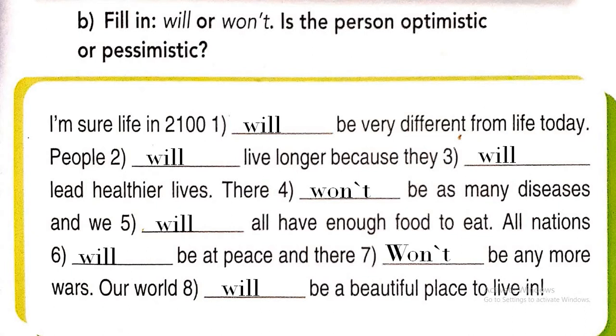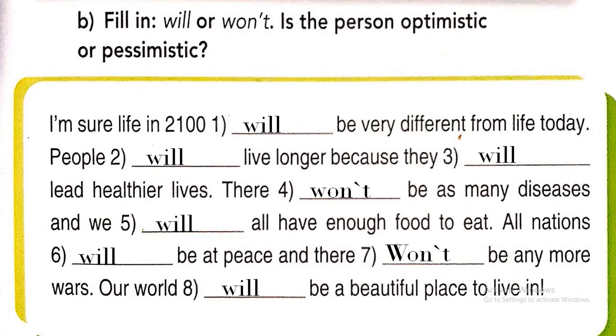So it's very clear that the person who is writing or thinking this way is an optimistic person. Very good. So I repeat: I am sure life in 2100 will be different from life today. People will live longer because they will lead healthier lives. There won't be as many diseases, and we will all have enough food to eat.